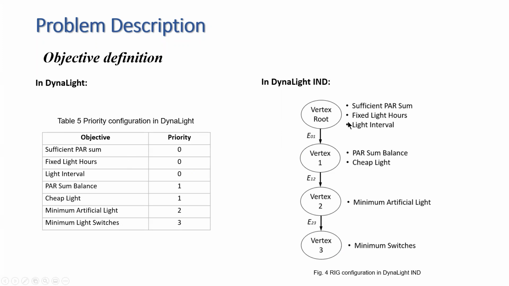In the new version, it uses a directed graph, and we call it a relative importance graph to describe such relation. And the objectives in the same vertex have the same relative importance. And the arrows come from the vertex that has relatively more importance and point to the vertex that has relatively less importance.